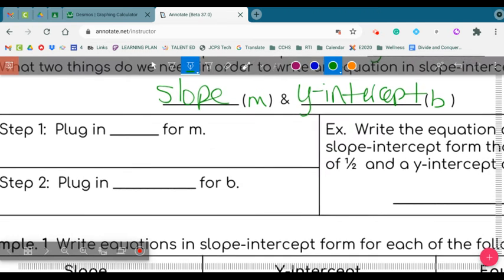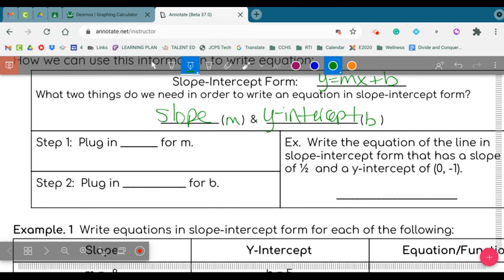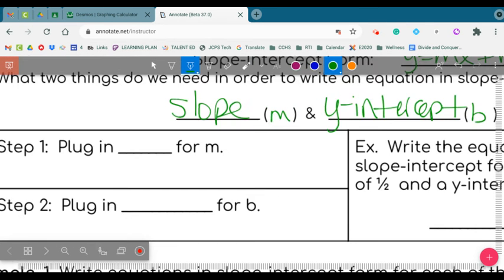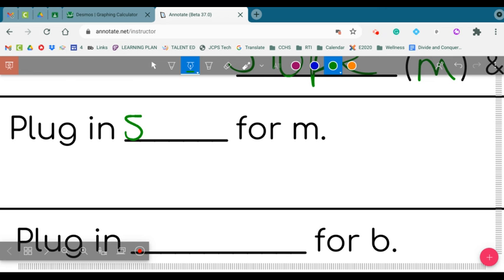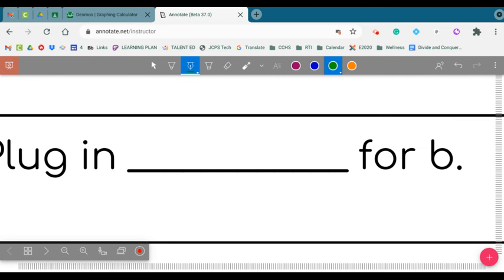So what we're going to do is plug in our slope for m, and we plug in our y-intercept for b.